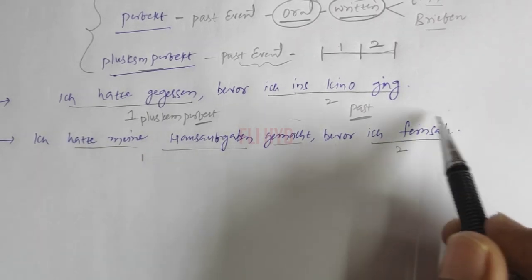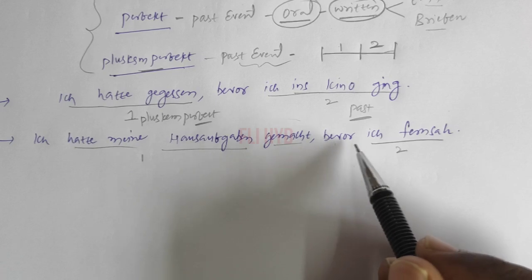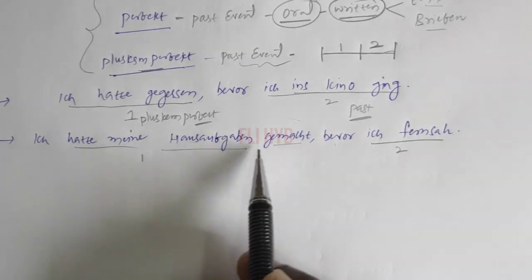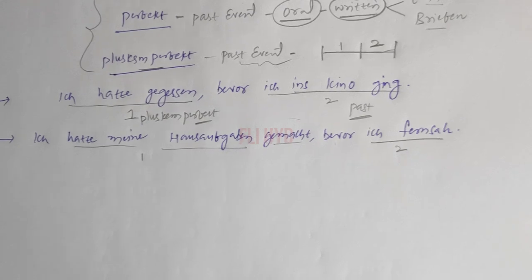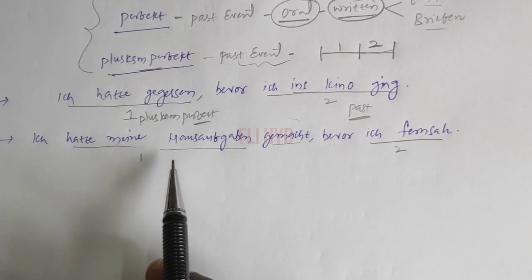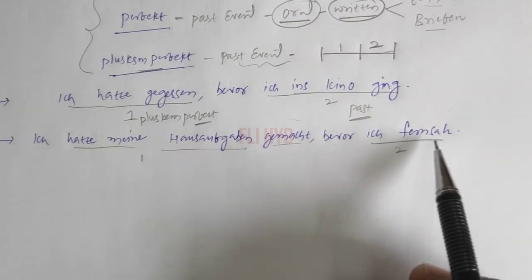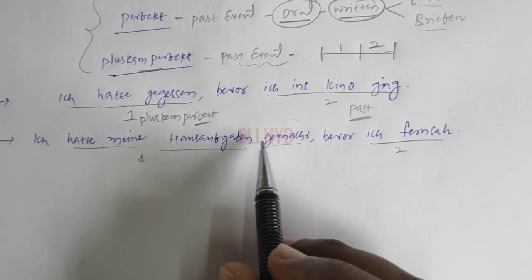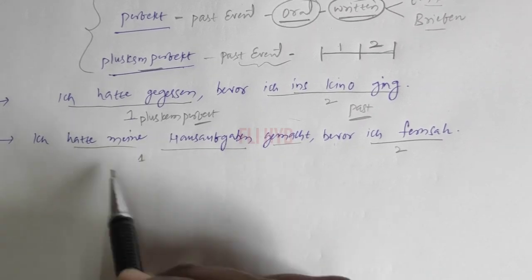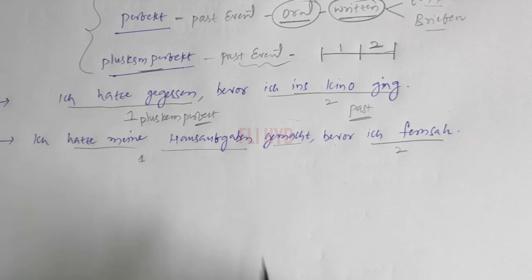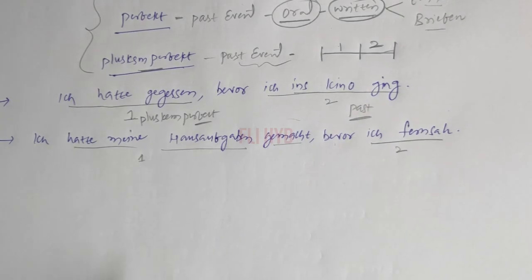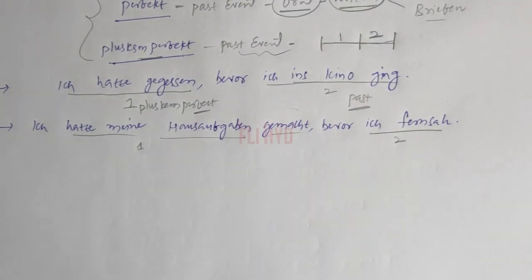Before ich fernsah, before I watched TV, I finished my homework. Or after I had finished my homework, I watched TV. So what happened first? I had done my homework. So the first action, ich hatte meine Hausaufgaben gemacht, we write in the Plusquamperfekt. Then what happened? I watched TV. That we write in the simple past.